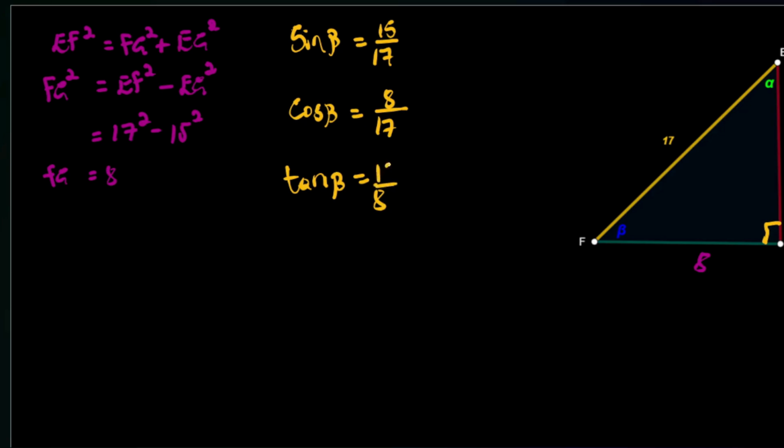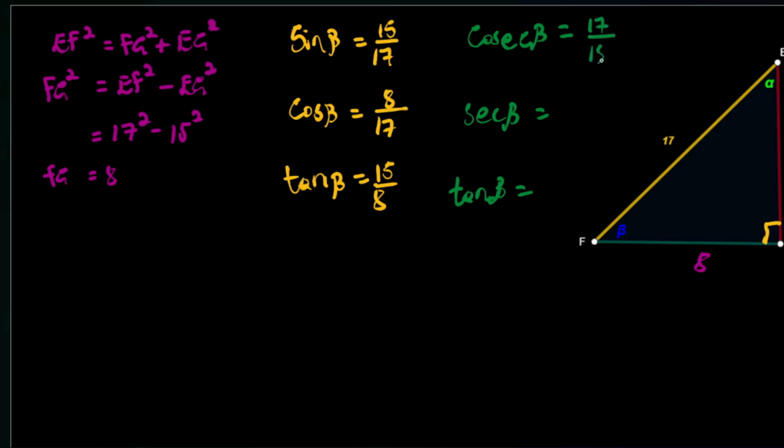Now I want us to go on and also define the reciprocals: the cosec of beta, the sec of beta, and cot of beta. So let's quickly do that. Cosec is going to be the reciprocal of sine, which is going to be what? 17 over 15.